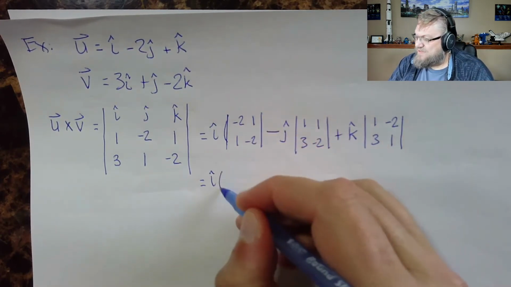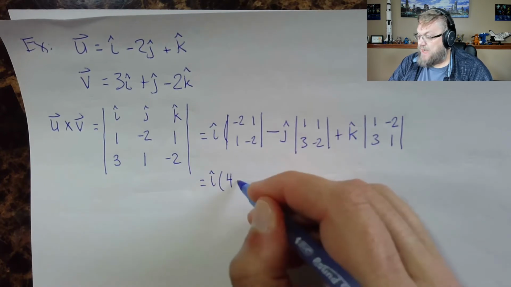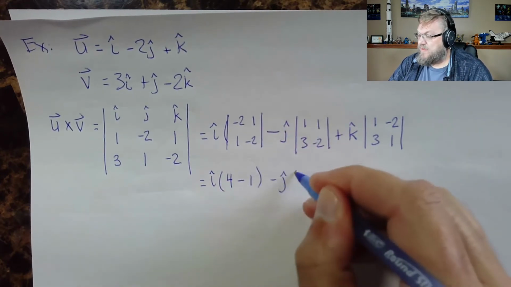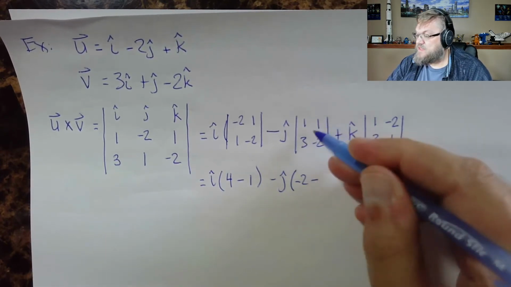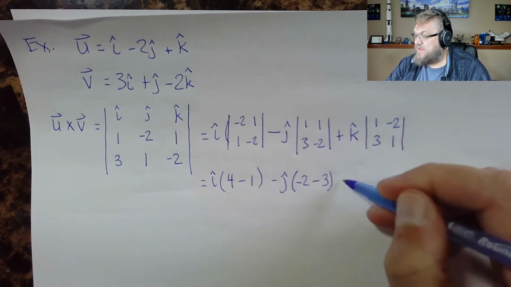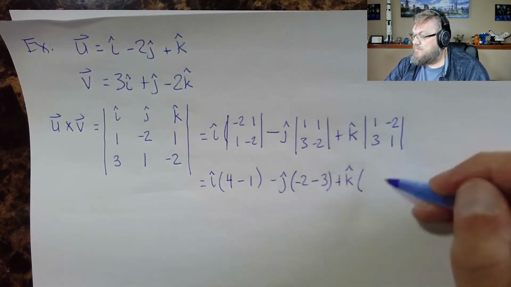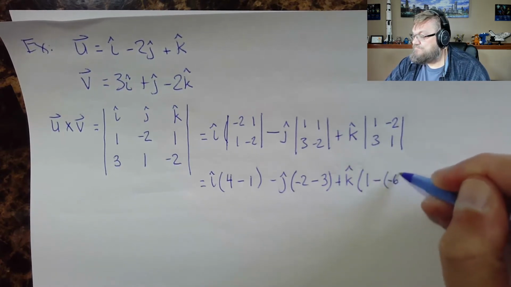So I get, what is this? Negative 2 times negative 2, which is 4. 4 minus 1 times 1, which is 1. Negative 2 minus 3 times 1, plus k, 1 minus a minus 6.